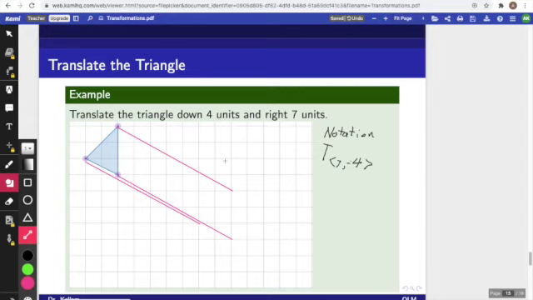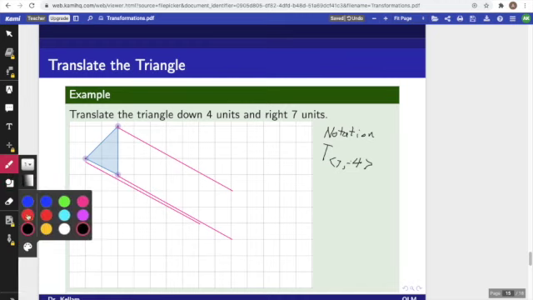Okay. So my triangle, which this program only inserts an equilateral triangle if I recall correctly, but my triangle is now here.